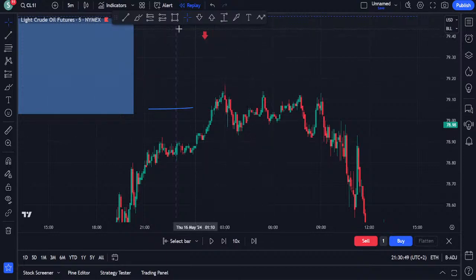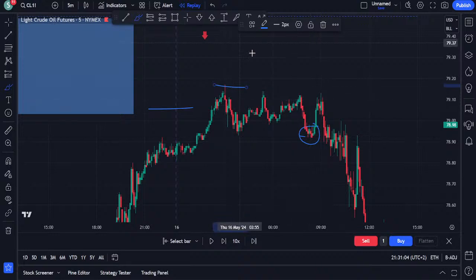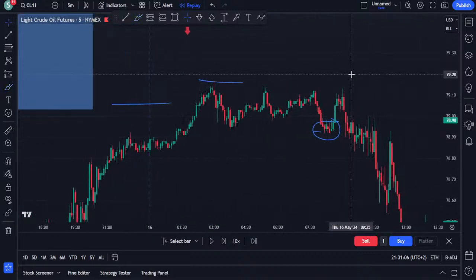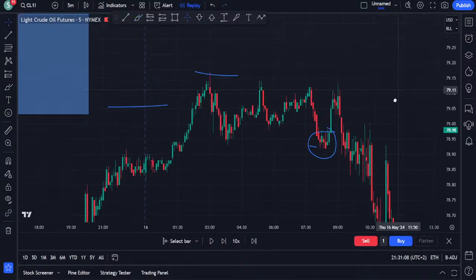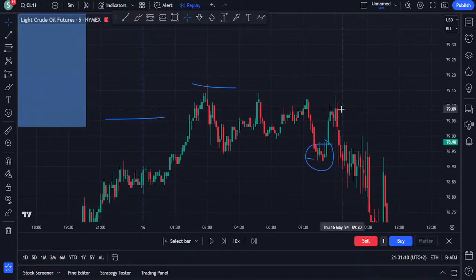But at this point here, we move even lower. So this is now the strong high, because this is confirmed, and because of that, when we come here, this is the M5, and remember the area was from H1.